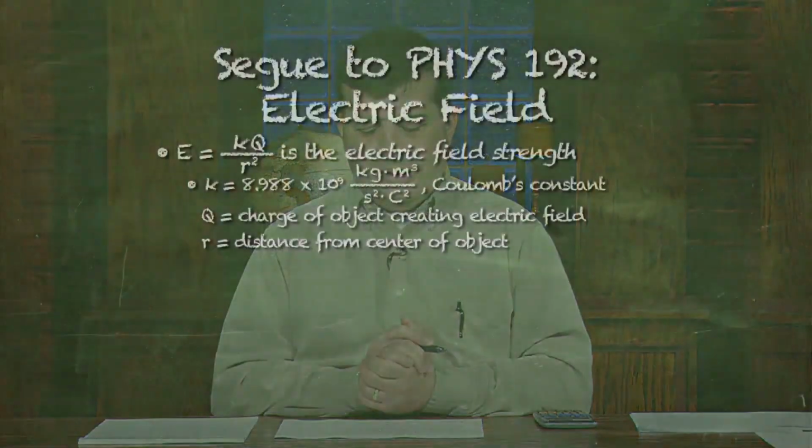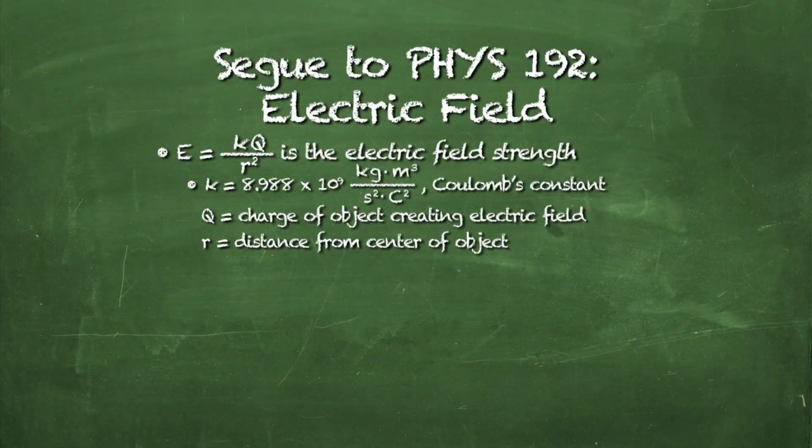Now, similarly, it is mass that feels a force from a gravitational field, and electrical charge that feels a force from an electrical field. So we'll look at that equation again. The electrical field is equal to our constant, which is K now, times big Q, the charge that is creating the electrical field, divided by r squared.